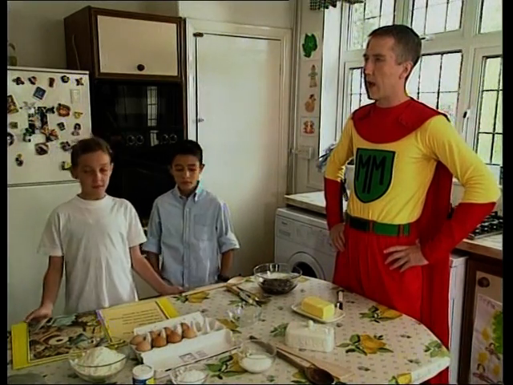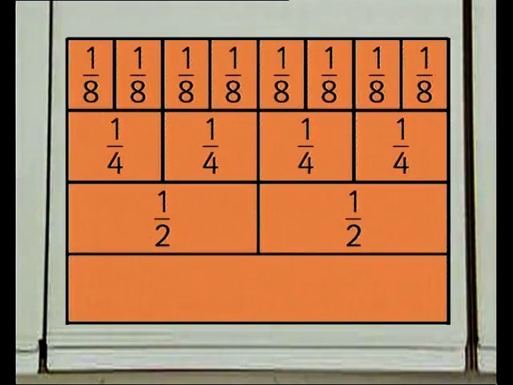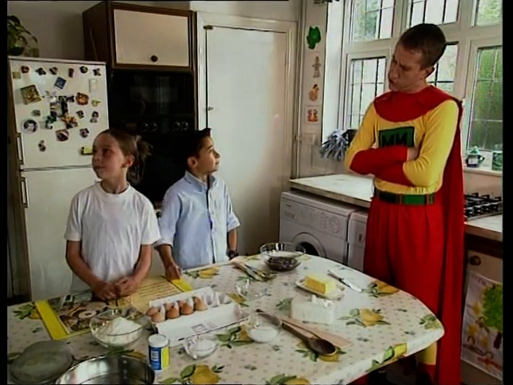We're trying to make a cake, but we can't work out these measurements. They're in fractions. Oh, right. I think I know what'll come in handy. Move to one side while I mind zap a fraction wall. Now, what were those measurements? 2/8 of the margarine.